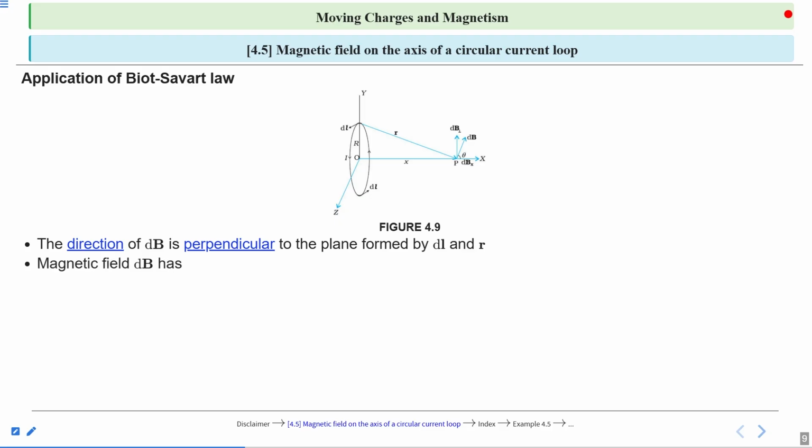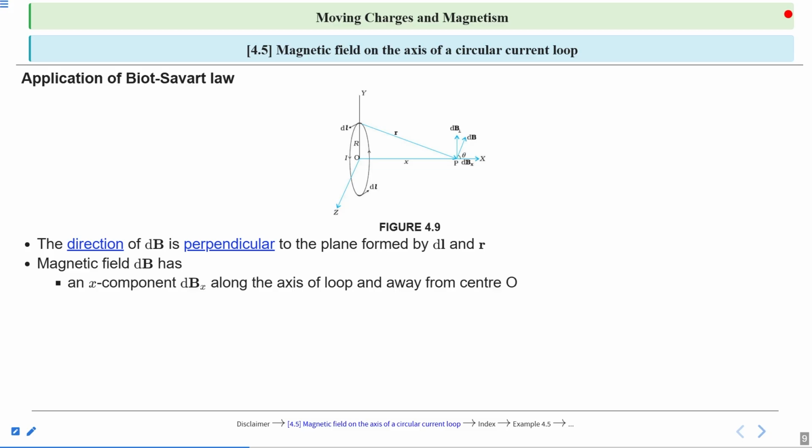So the magnetic field dB has an x component. Now we will resolve this dB into two components. First, the x component, dBx, which is along the axis of the loop and away from the center. You can see in the diagram, it is in the positive x direction.